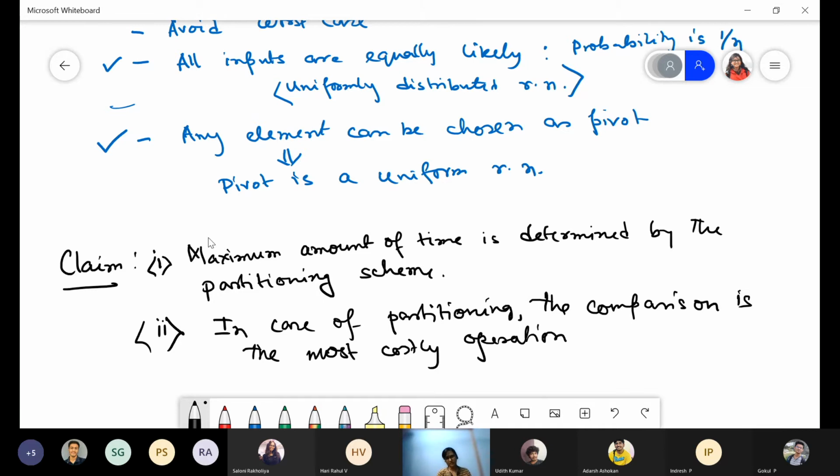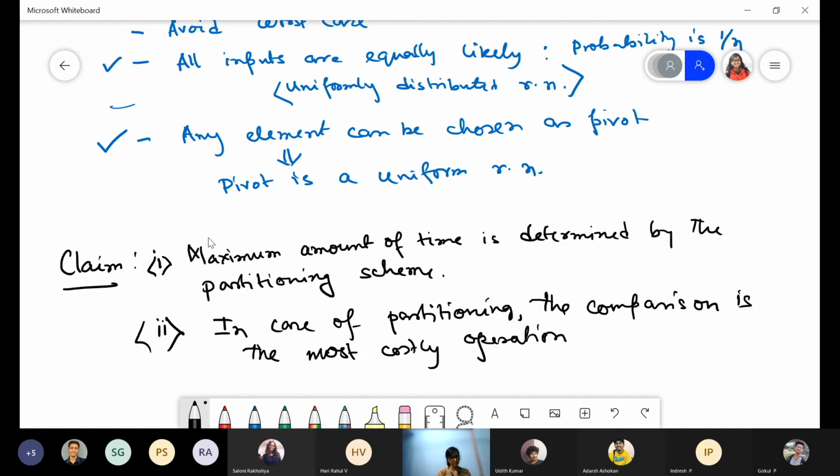While we do the partitioning, we have to update our variables, that is the pointers i and j, and for every element under i and j, we compare that element with the pivot.